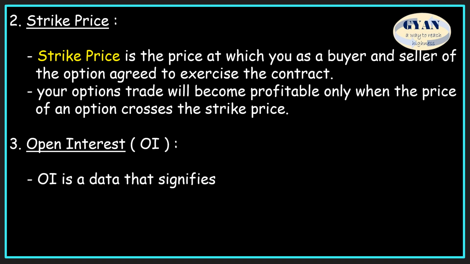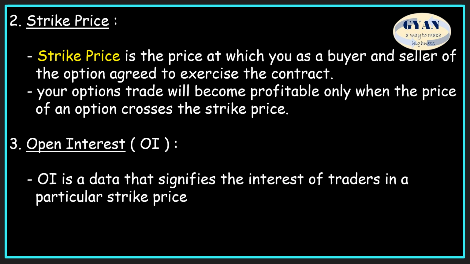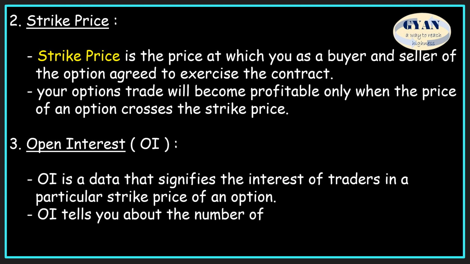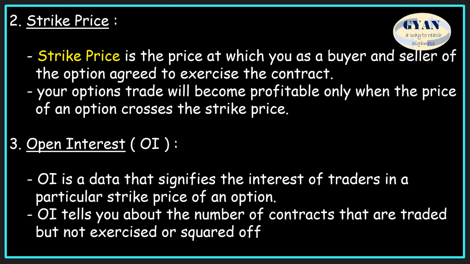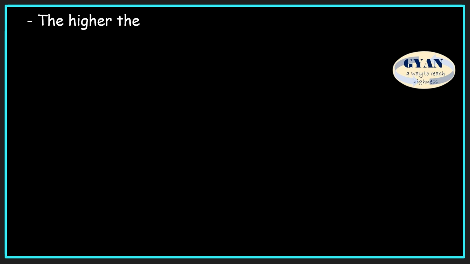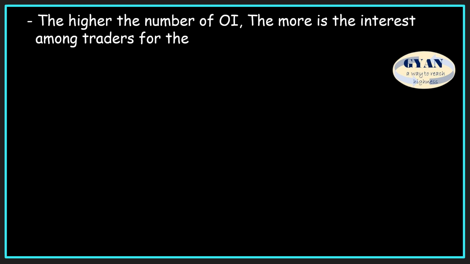OI is data that signifies the interest of traders in a particular strike price of an option. OI tells you about the number of contracts that are traded but not exercised or squared off. The higher the number of OI, the more is the interest among traders for the particular strike price of an option.